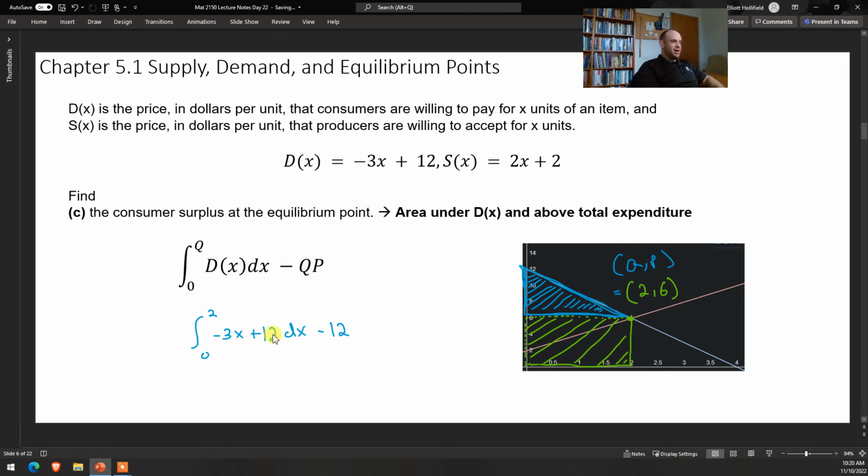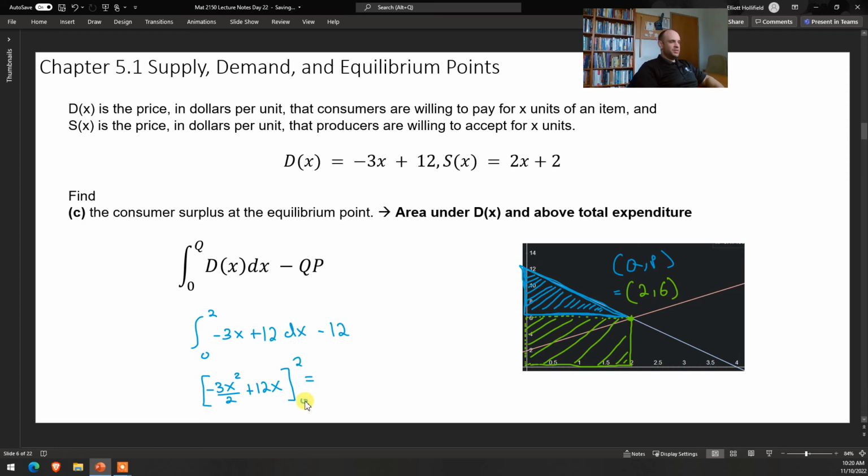Now we can apply our fundamental theorem of calculus and find the antiderivative of minus 3x plus 12. That should give us minus 3x squared over 2 plus 12x, and we evaluate that in between 0 and 2.